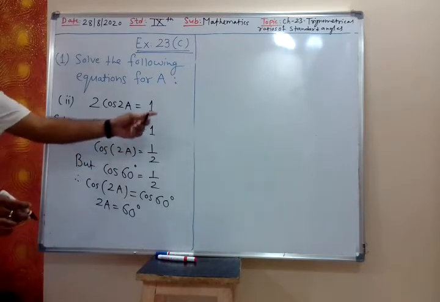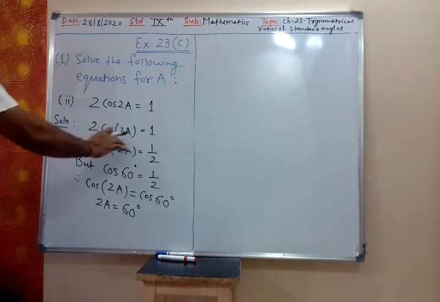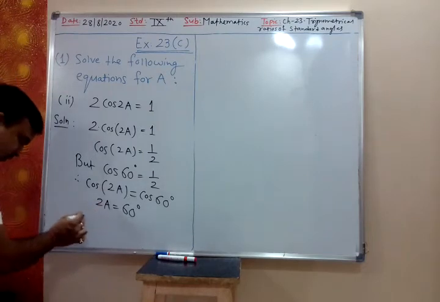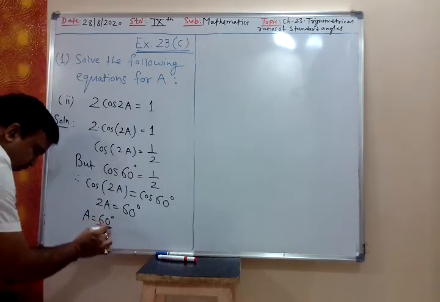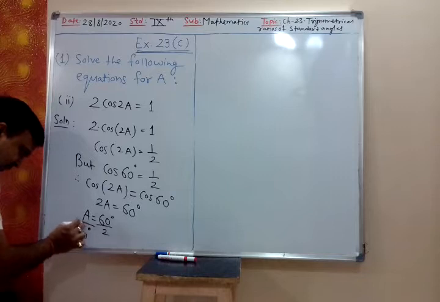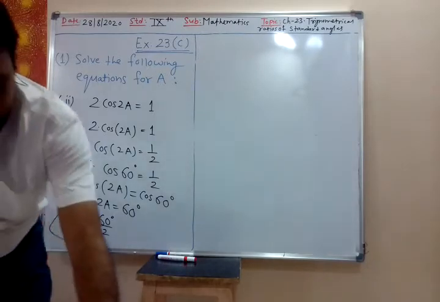This 2 I am taking in the denominator. The number which is multiplied, that only I can take on the other side. So 2A is equal to 60 degree, so A is equal to 60 degree upon 2. The answer is A is equal to 30 degree.